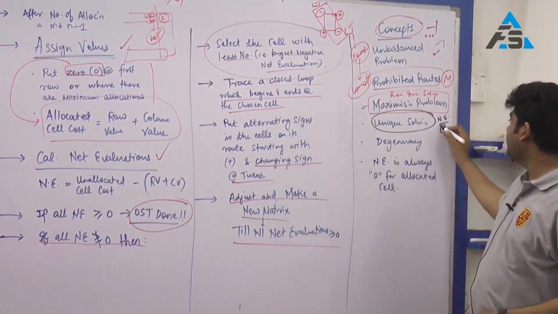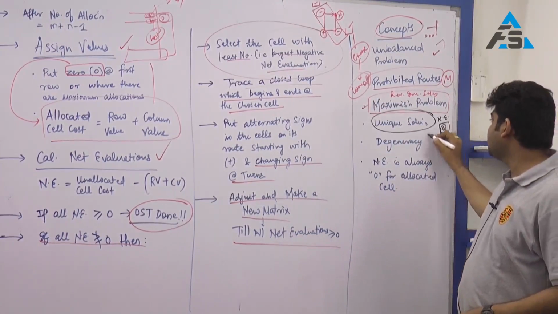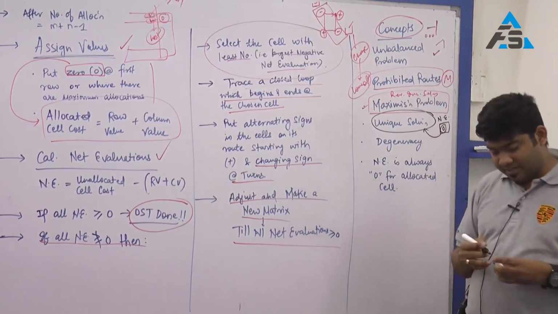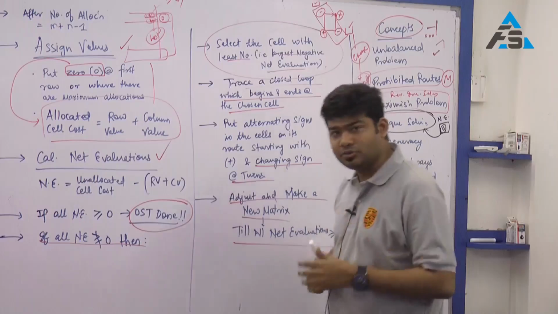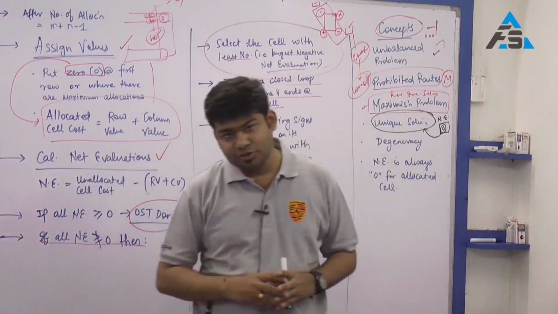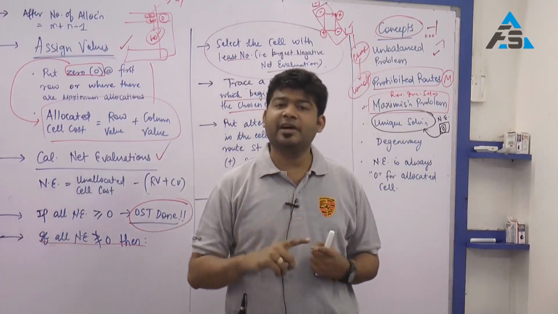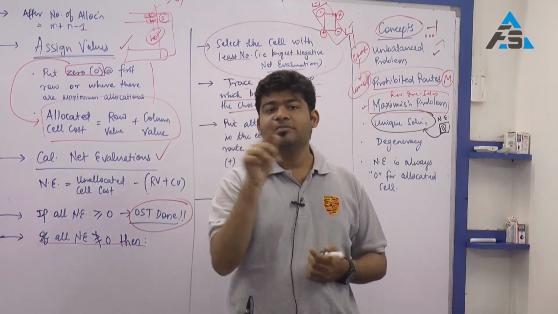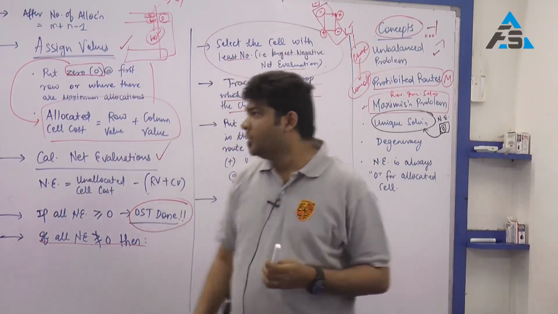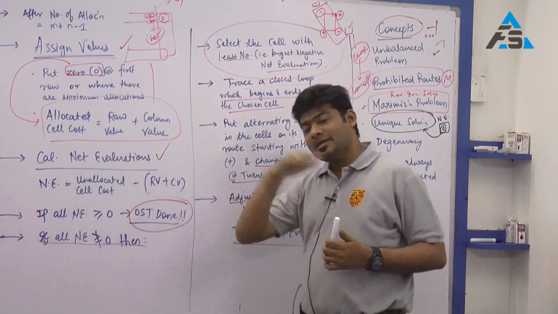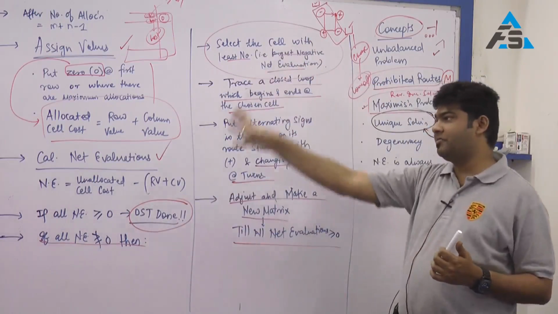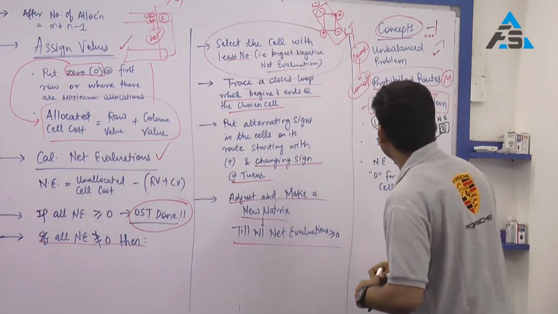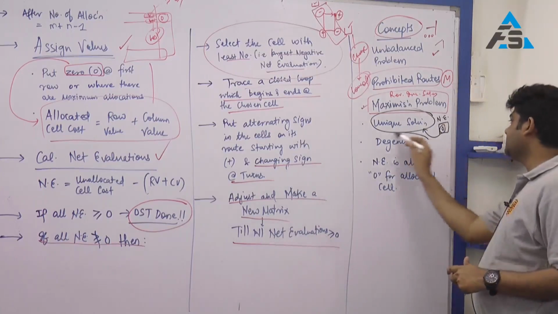If your net evaluation is 0, then we will say that yes, a unique solution exists, and there is a possibility that you may have to find the unique solution. In order to find it, first we will check whether net evaluation is 0. If there is a net evaluation which is 0, then we will draw a loop from there. Once we draw a loop from there, the normal process of allocation will start, and we will say that yes, an alternate solution exists.